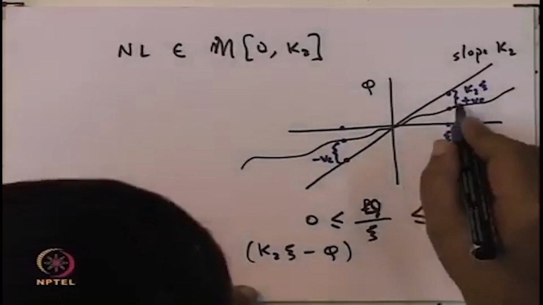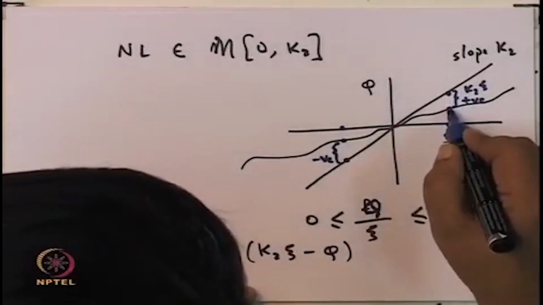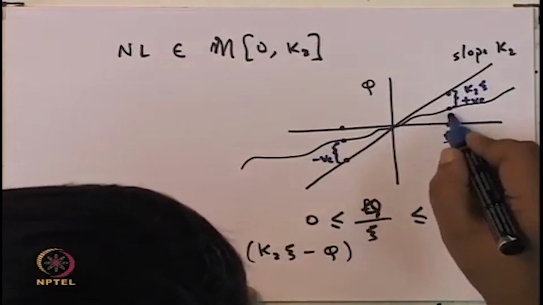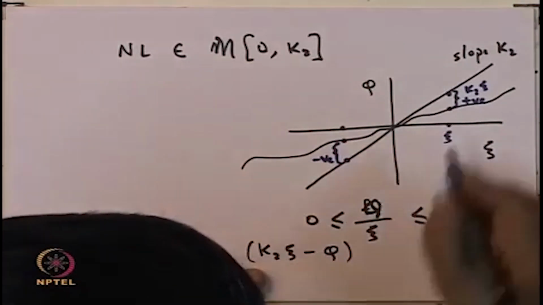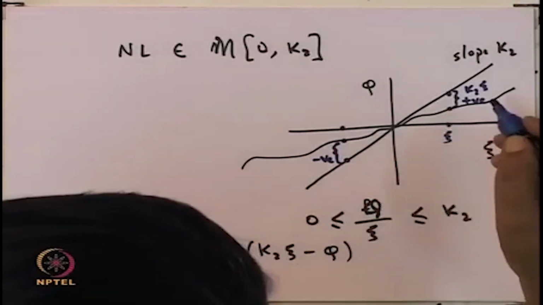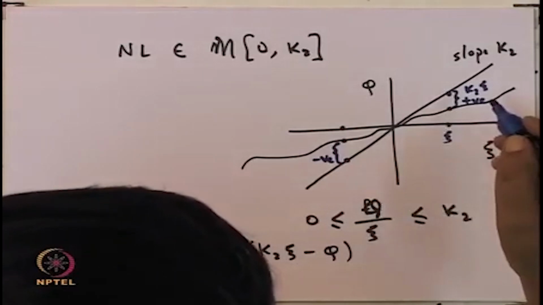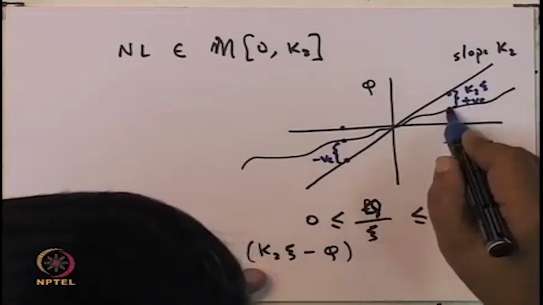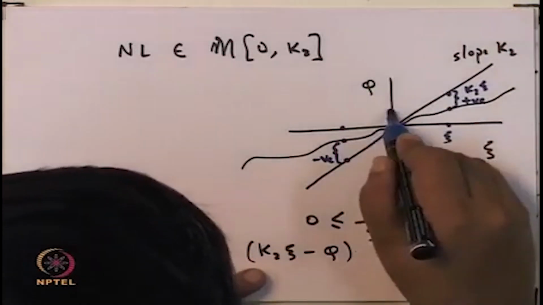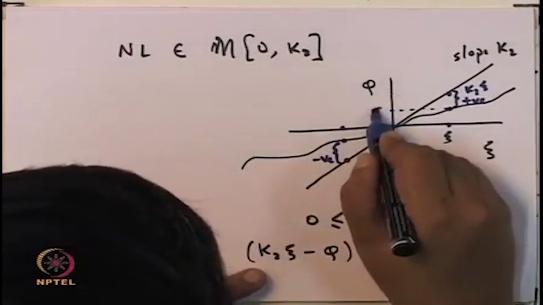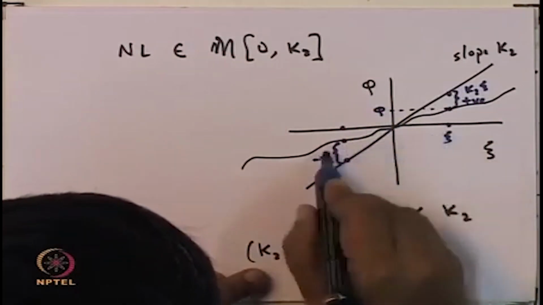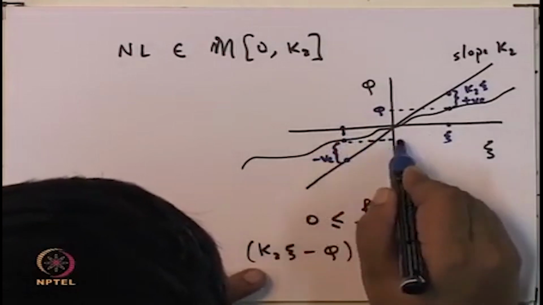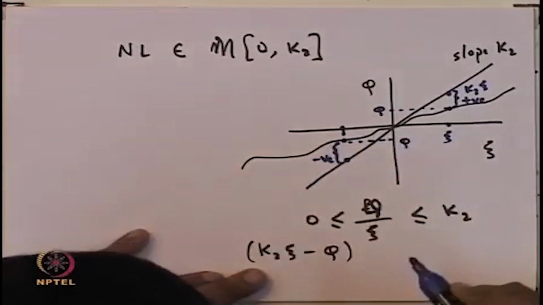But more importantly, K2 psi minus phi, this quantity here is positive. So, I could write the following. When psi is positive, the corresponding phi is also positive, and when psi is negative, the corresponding phi is also negative.